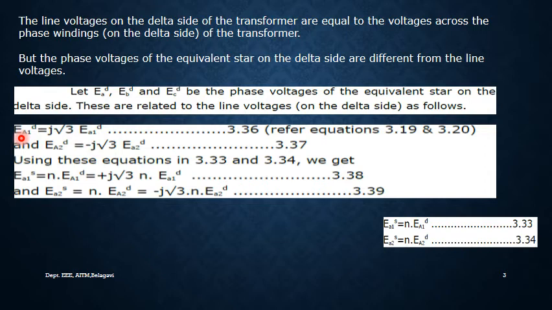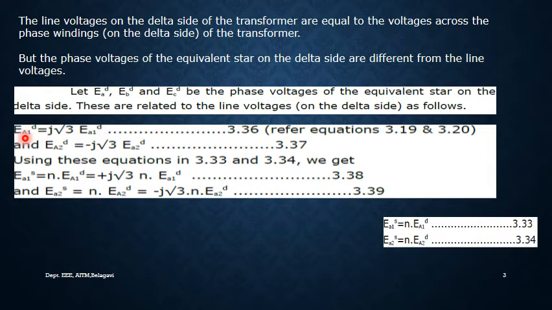So respectively, we are going to represent the earlier three equations of the symmetrical components in terms of phase voltages for the star connected system, the equivalent star connected on the delta side. So the voltage referred to the delta side, that is the positive sequence voltage, this is the line voltage, which will be equal to root 3 times the phase voltage.